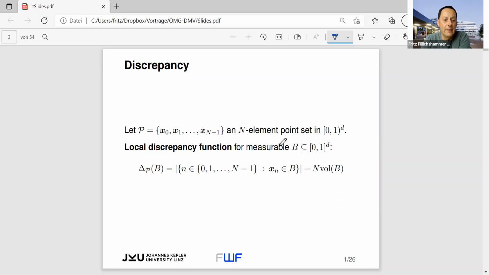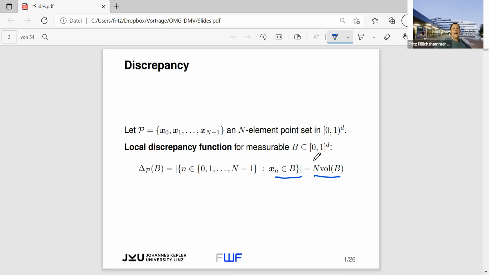And the local discrepancy function for this test set B is just the difference between the number of elements from the point set that belong to the set B, and n times the volume of this set. So this is the local discrepancy function.